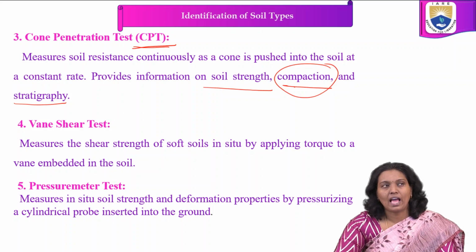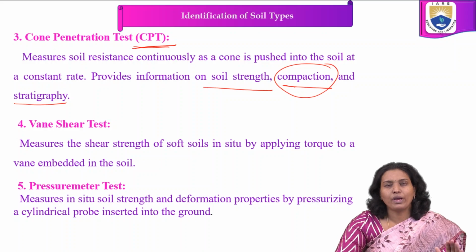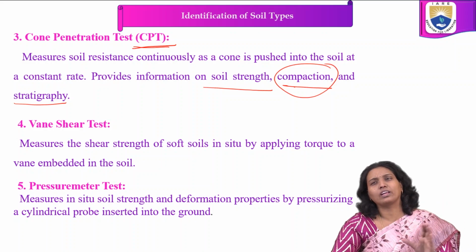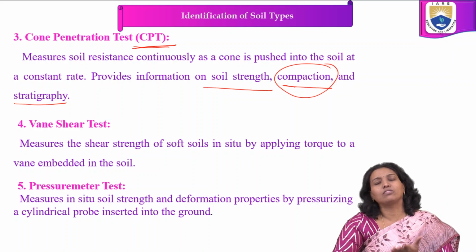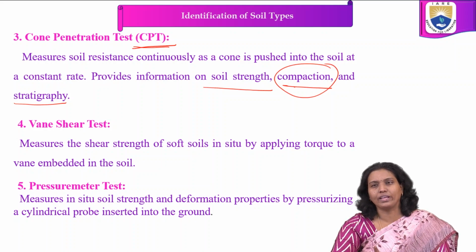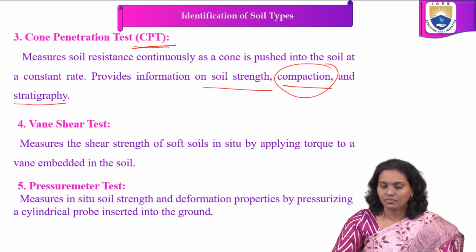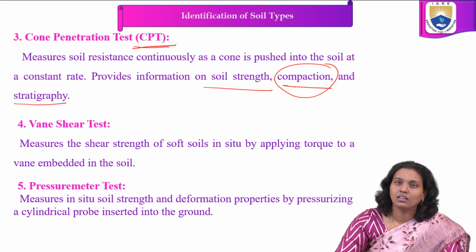Similarly, as with the standard penetration test, in this also, based on the compaction values and strength values we get, and which type of construction is going on, that gives the measurements and the idea about that particular soil.